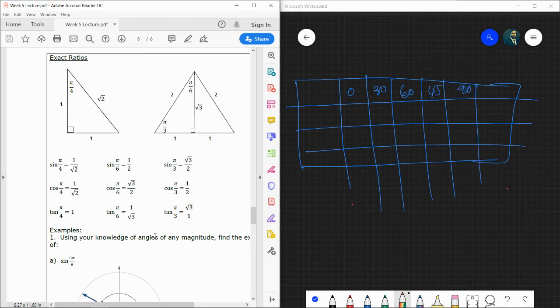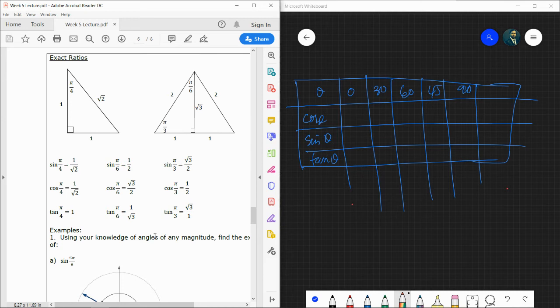These are theta. So this is cos theta, this is sine theta, this is tan theta, and then write all the numbers here and put it on the side. Try to memorize it if you can. If you cannot, just put it on the side and use it whenever you need.